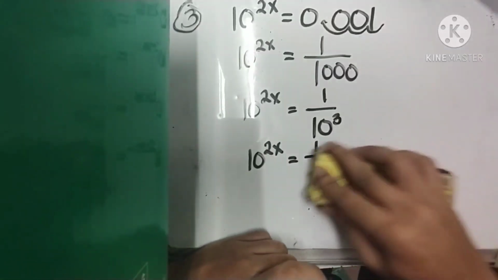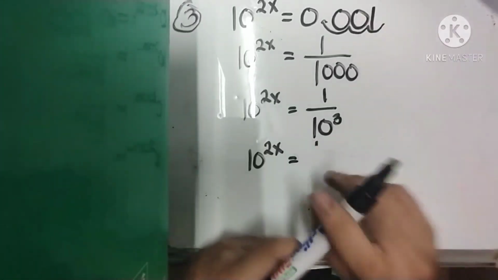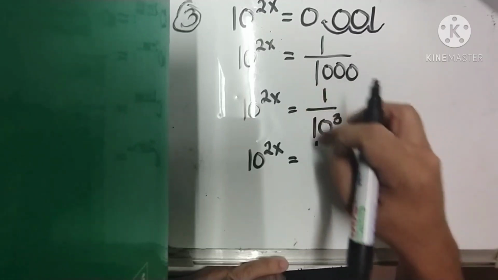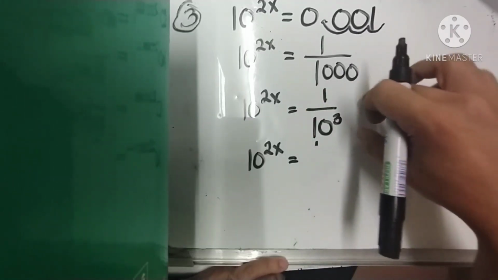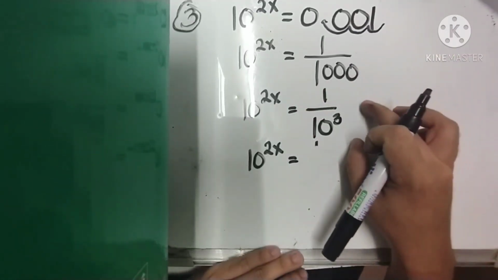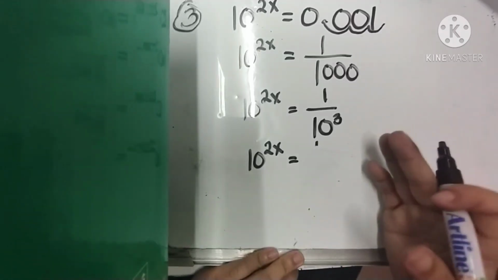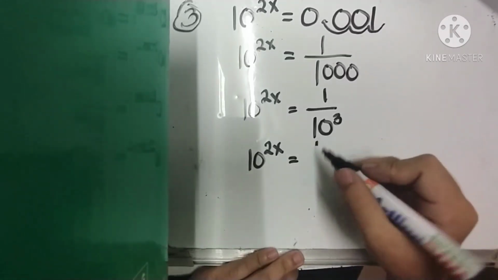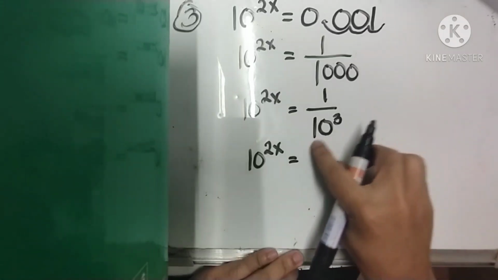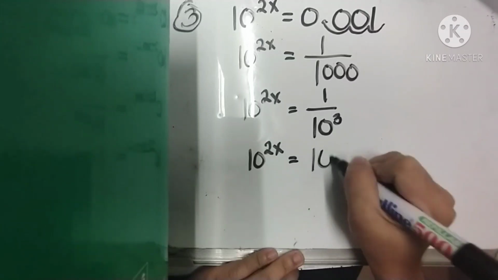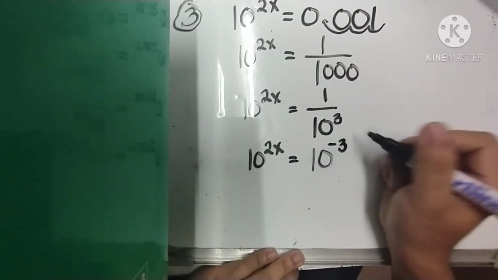Okay, so this will become 10 to the power of 2x. Now, this given fraction, we need to rewrite this one and transform it into a whole number by applying the law of negative exponent. So if we get the reciprocal of this one, this will become 10 to the power of negative 3.